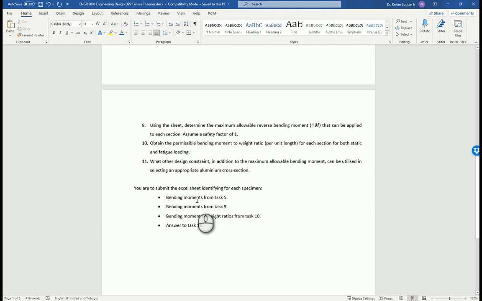You submit the Excel sheet identifying the bending moments for task 9. Once you have it labeled properly like how I have it in the Excel, that's fine. For the bending moment to weight ratios, you could create another column on the end showing these ratios for each specimen, and then your answer to number 11.